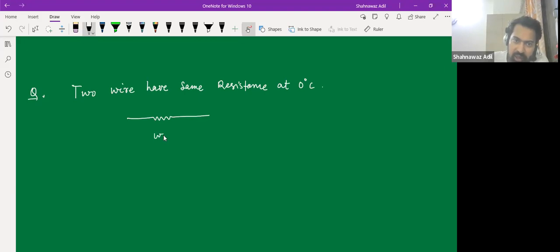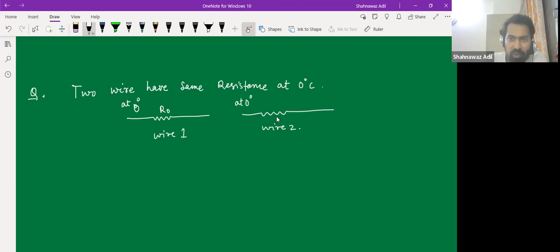Let's say this is wire 1 and this is wire 2, and at 0 degree C this has R naught resistance. What would be the resistance of this wire? Right, same resistance, R naught.